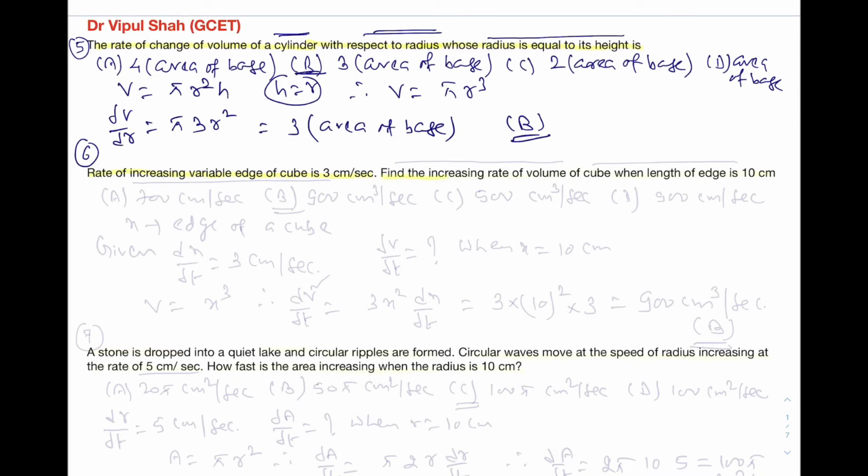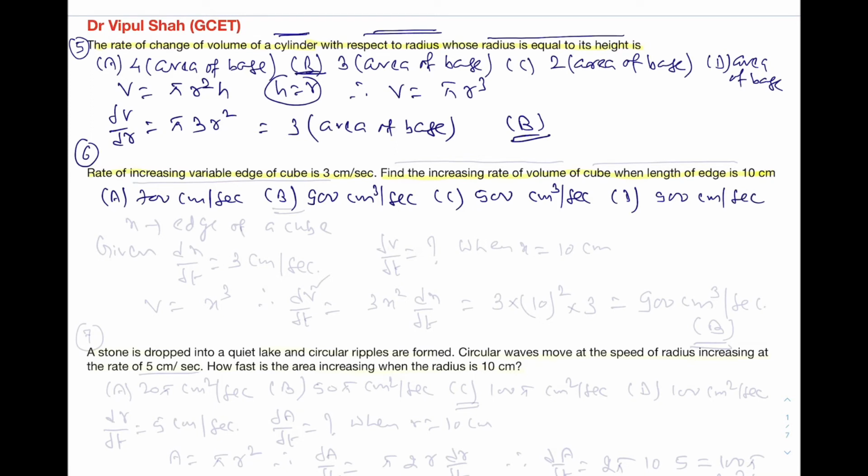Question is, find the increasing rate of volume of cube when length of edge is 10 centimeter. So here the options are 700 centimeter per second, 900 centimeter cube per second, 500 centimeter cube per second, and 900 centimeter per second.